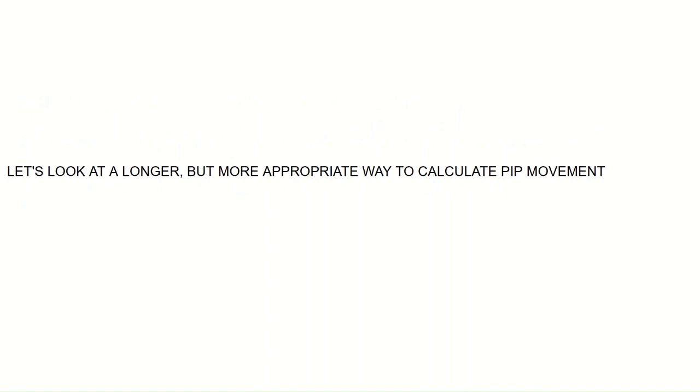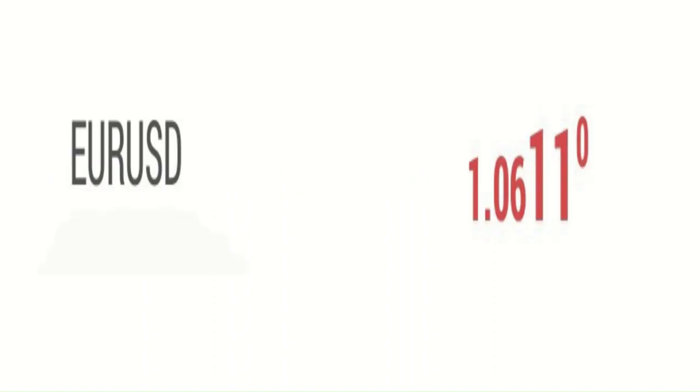Let's take a longer but more appropriate way to calculate pip movements. I've explained the simpler way of calculating it, and I want to believe that you understand that. Now let's go into the longer but more appropriate way to calculate it. Now we'll take the first example again, EUR/USD, which is at a current market price of 1.0611.